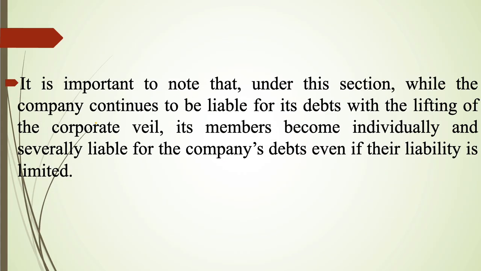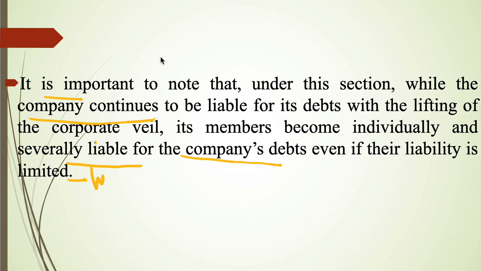It is important to note that under this section, while the company continues to be liable for its debts, with the lifting of the corporate veil its members become individually and severally liable for the company's debts, even if their liability is limited. So when the number of members goes below the prescribed limit, then all the members are liable for the acts of the company.